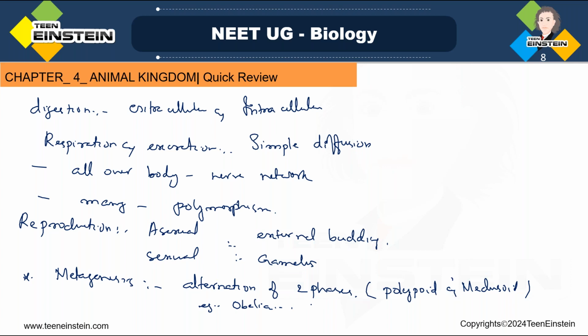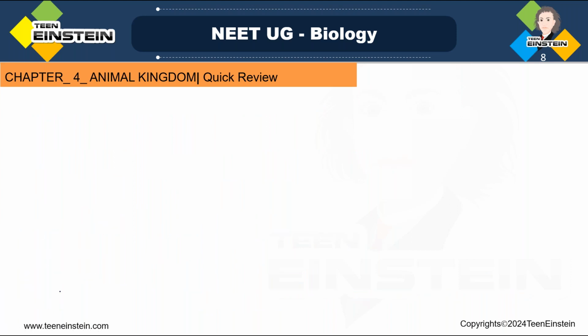Okay. And the characteristic features of these classes of phylum Coelenterata, like in the previous one we said: class Hydrozoa, class Scyphozoa, and class Anthozoa.